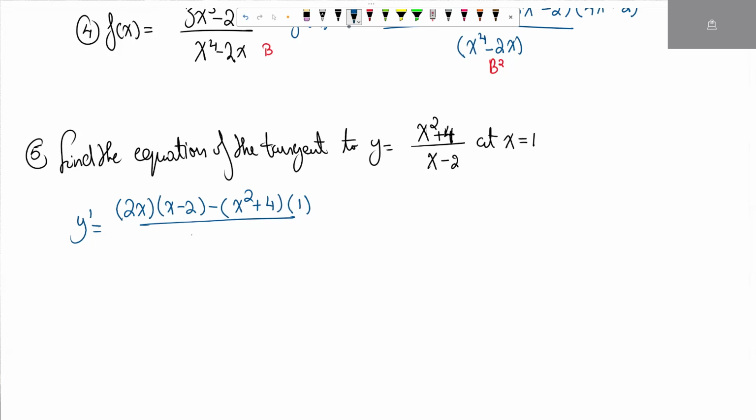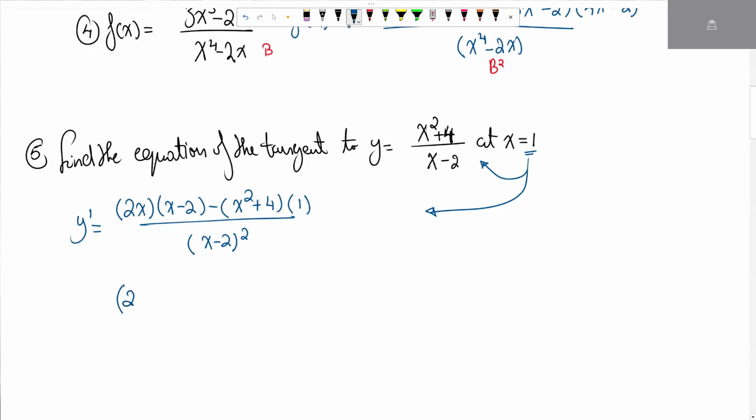All of this is divided by the second one squared. And now I'm supposed to substitute the x into the derivative to find the slope, and into the original to find the y value. Let's substitute into the derivative.